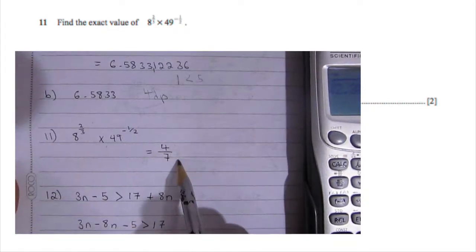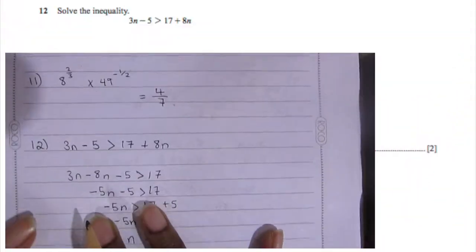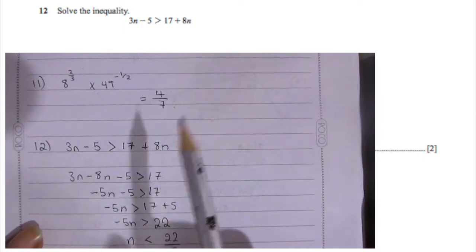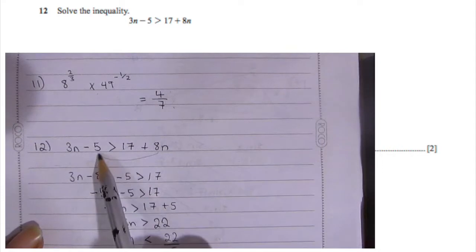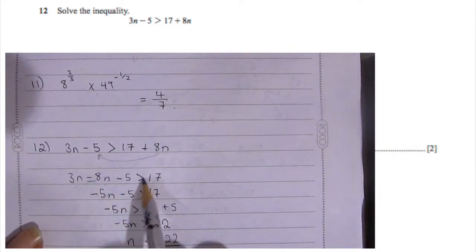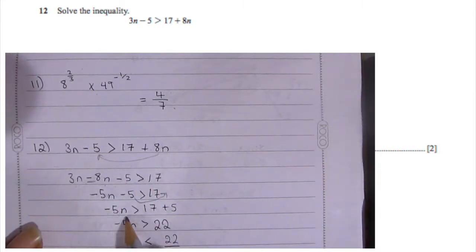Now question 12, the final one for this video, 3n minus 5 is greater than 17 plus 8n. So now we're going to move 8n to the other side. Because it's positive, it's going to become negative. That's how it is. When you move one thing to the other, you do the opposite. So you have 3 minus 8, which is negative 5n, minus 5. Move it to the other side.